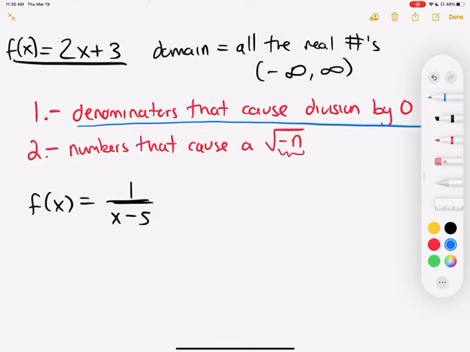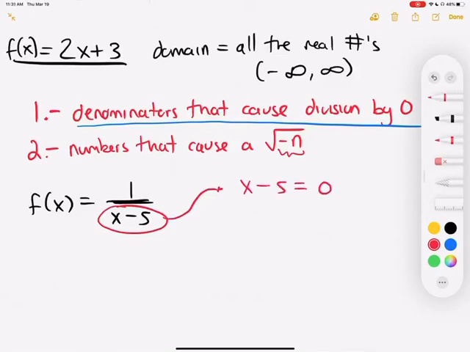And if I have something like 1 over 0, then this does not have a result. That means that whatever causes a division by 0 is not part of the domain, so we have to exclude this number. So how do I find the number that's going to cause a division by 0? Well, you take the whole denominator of this fraction, x minus 5, and set it equal to 0.